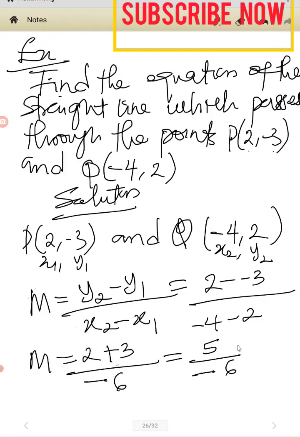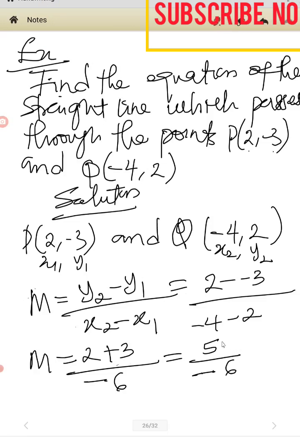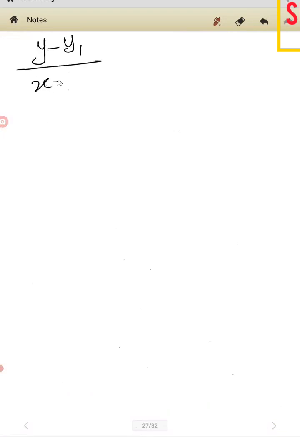So the next thing you do, because it's a 2-point form, meaning that (y minus y1) over (x minus x1), the real formula for this is (y2 minus y1) over (x2 minus x1).